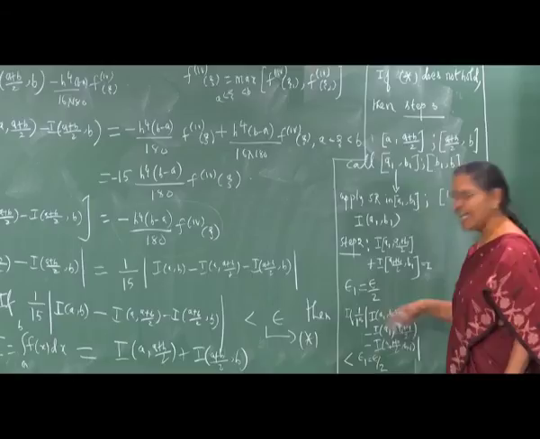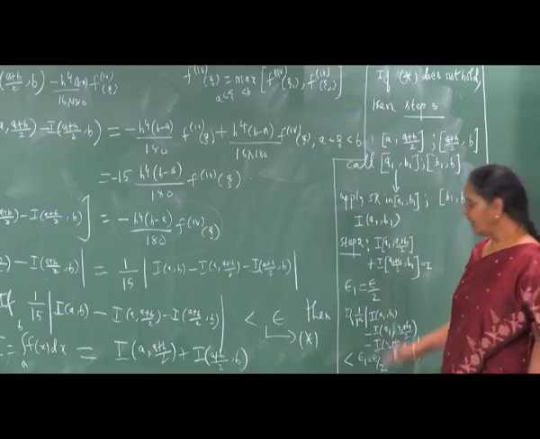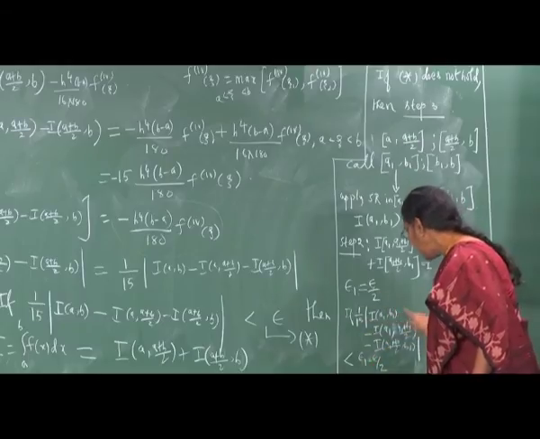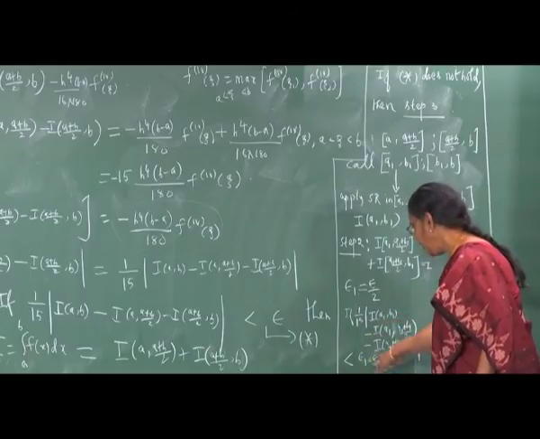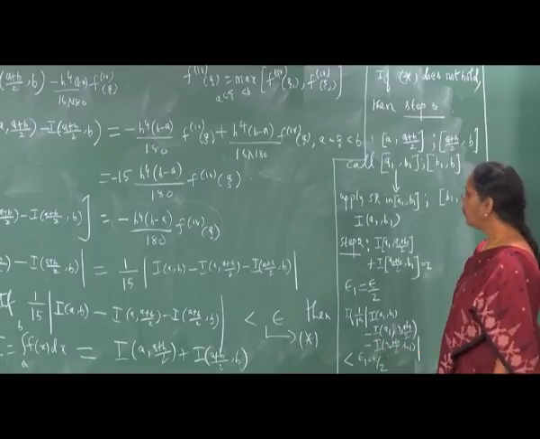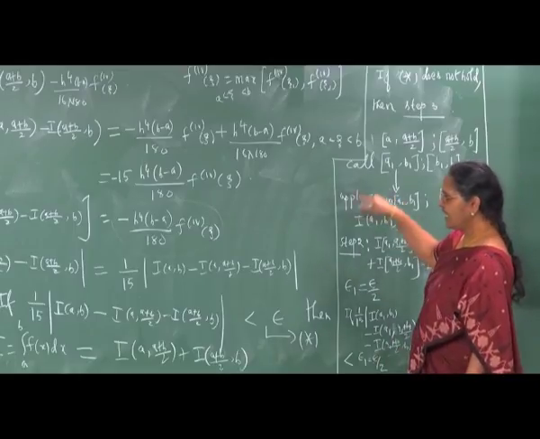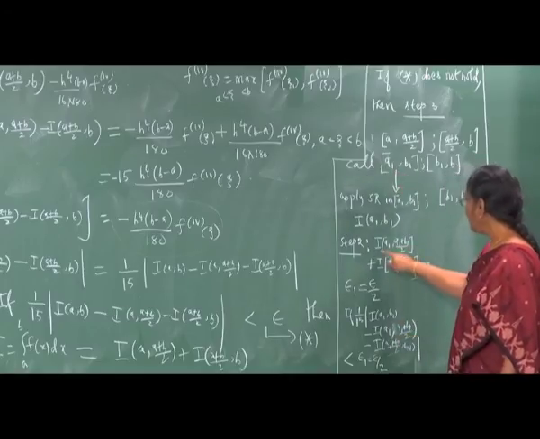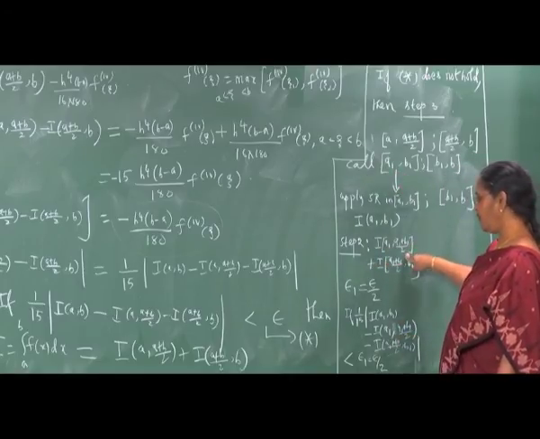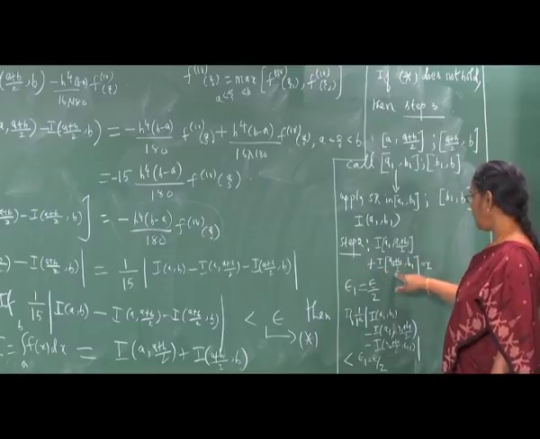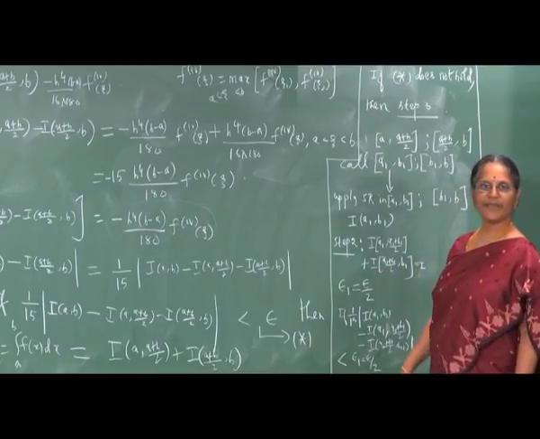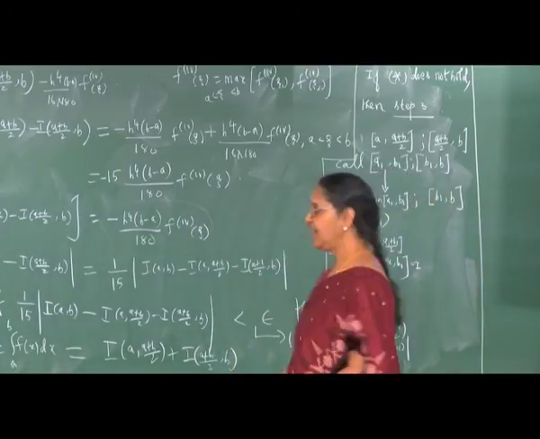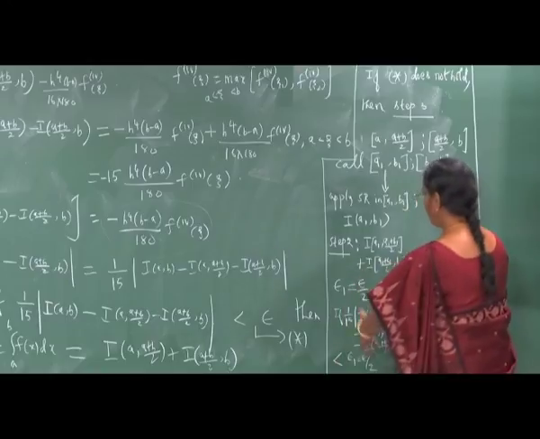Check whether this happens. Now you know if that happens, if the error is less than epsilon by 2, then you can take integral a1 to b1 f of x dx to be equal to this I of a1 comma a1 plus b1 by 2 plus I of a1 plus b1 by 2 comma b1. If that does not happen, then what should you do?